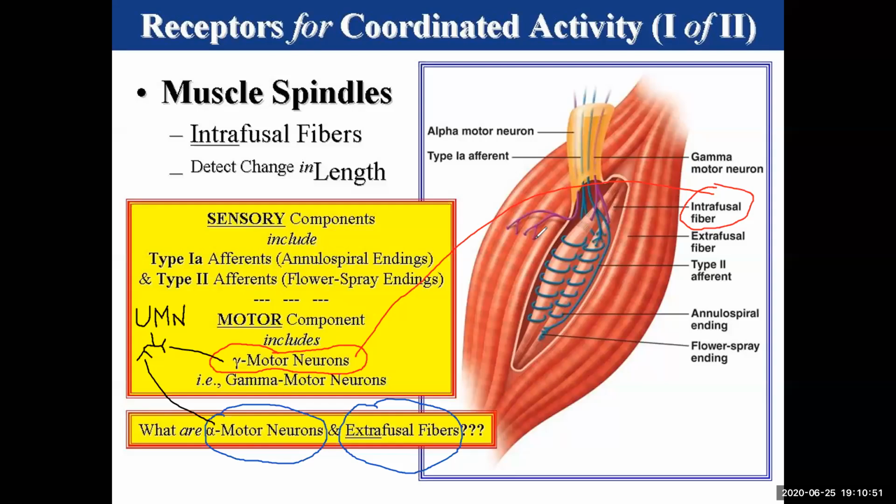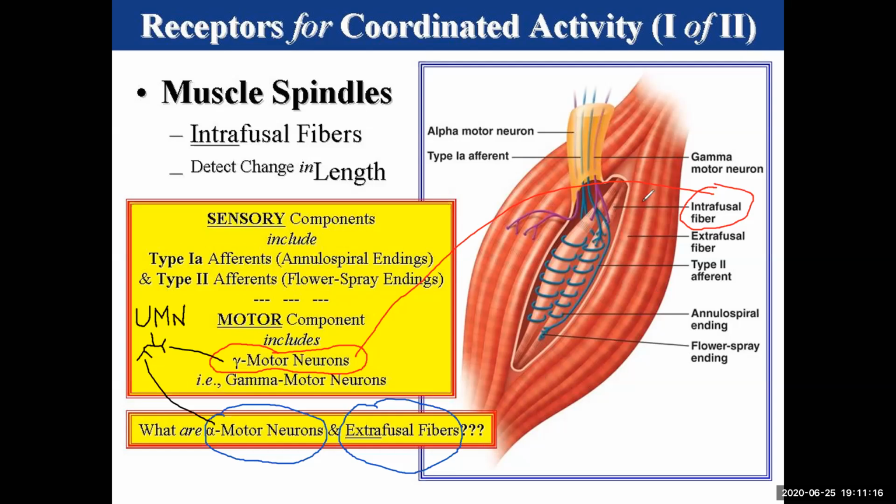So if the muscle is contracting and the gamma motor neuron is not responding, then the muscle spindle will not be able to detect the change in length of the entire organ. When the muscle contracts, we learn this as an organ, right?